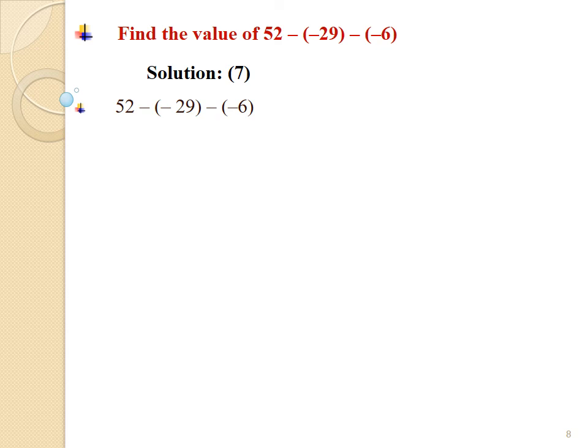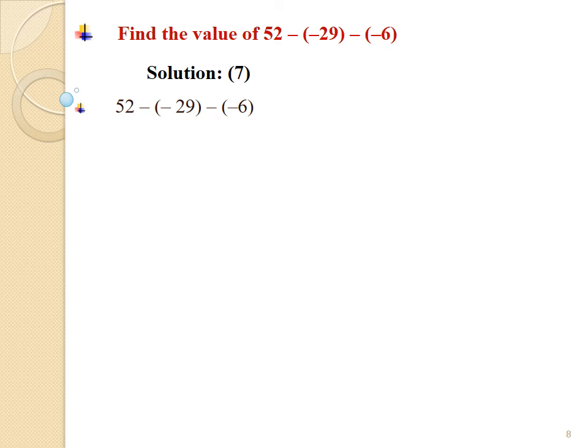We also know that we have to find the additive inverse of the integers that are being subtracted. So, in this sum, we have to find the additive inverse of -29 and -6 as they are being subtracted.